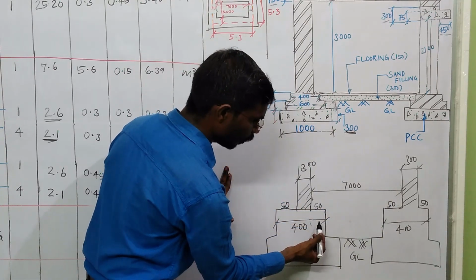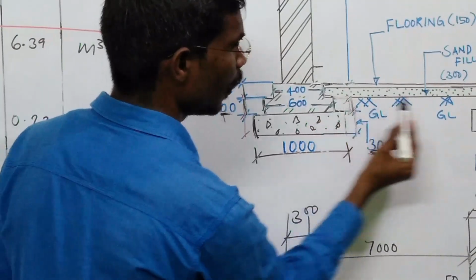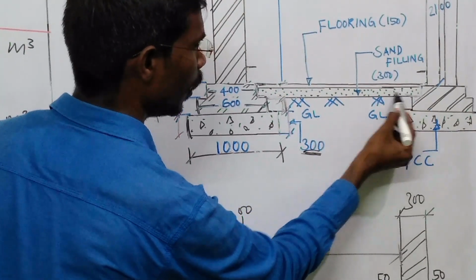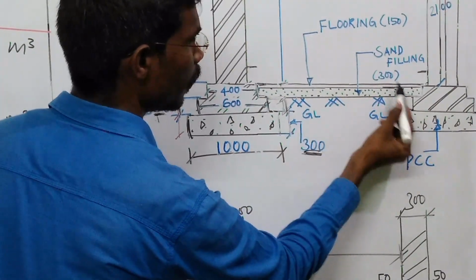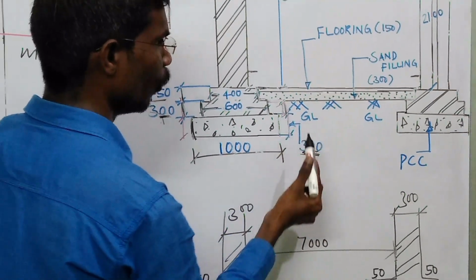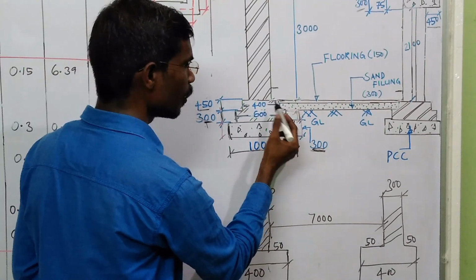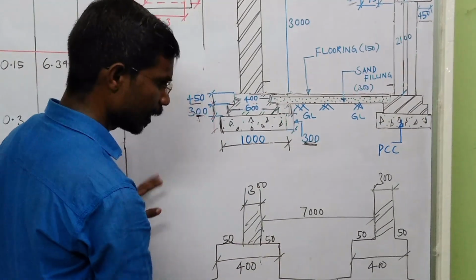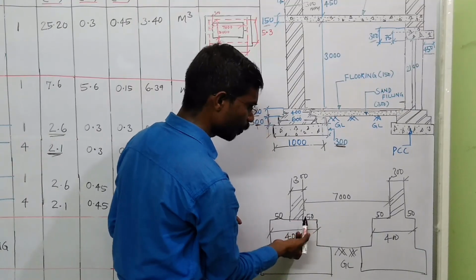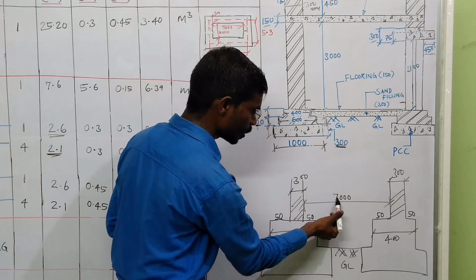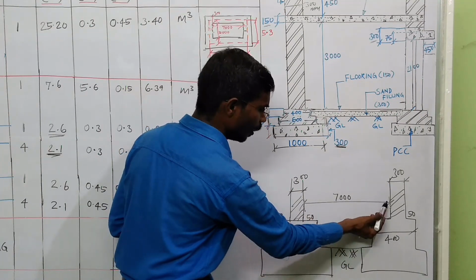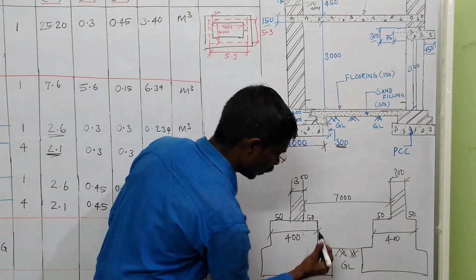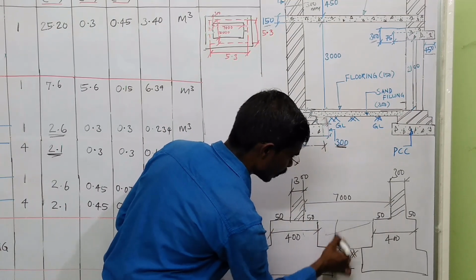But we are going to fill here, here and here only, for sand filling as well as flooring. For easy understanding, the inner dimension of the length is 7000 from wall to wall, but we are going to fill only this portion for sand.